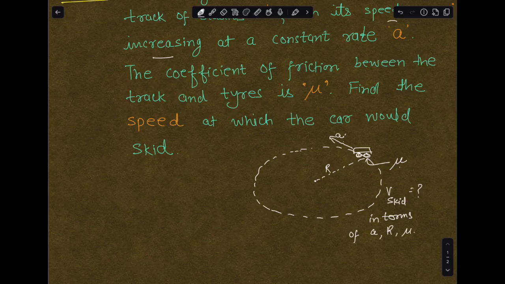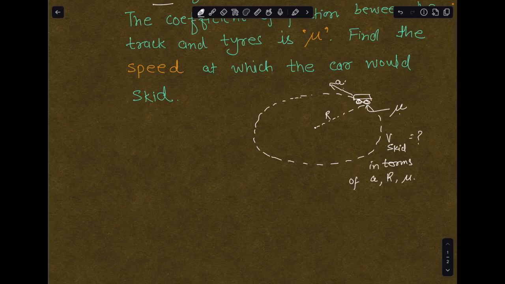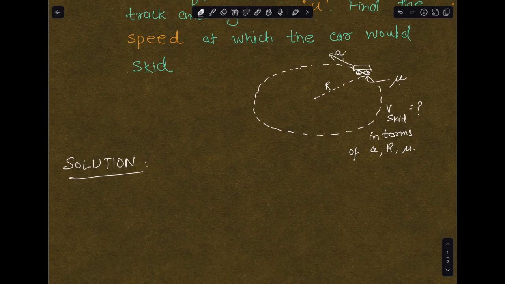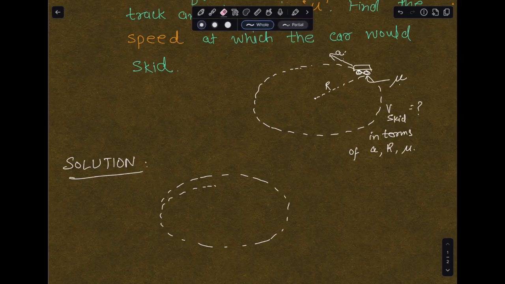All right, let's work this out. Let's analyze the car. Here's the circle.